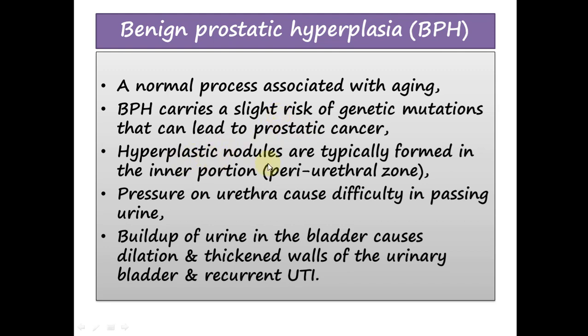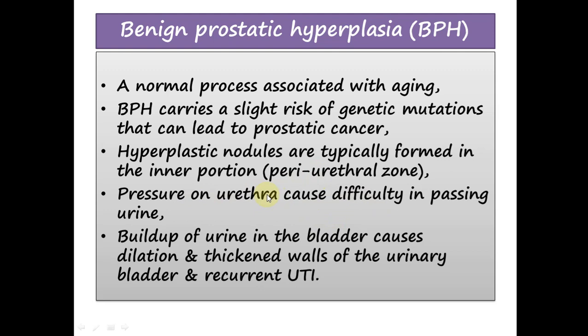And the hyperplastic nodules, as I said, occur in the inner urethral or periurethral zone, and since this transitional zone immediately wraps and surrounds the prostatic urethra, it can cause pressure on the urethra and may cause problems in passing urine.